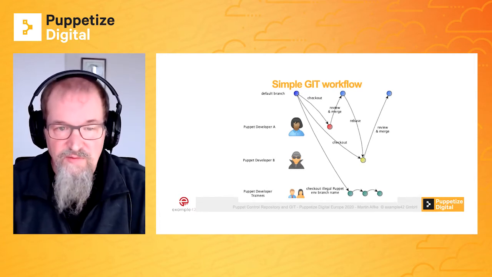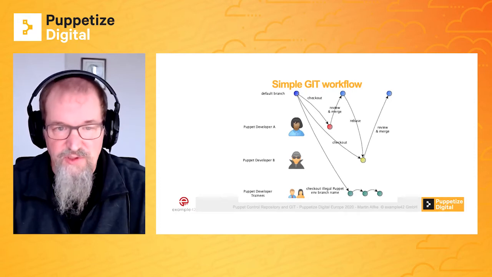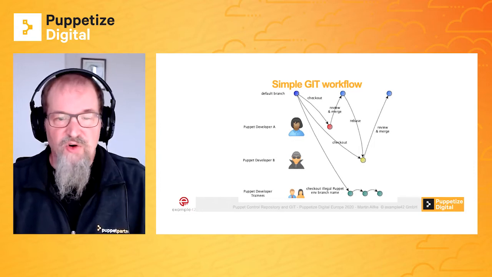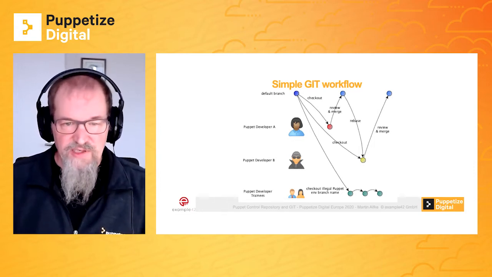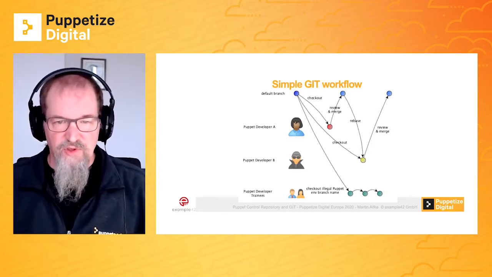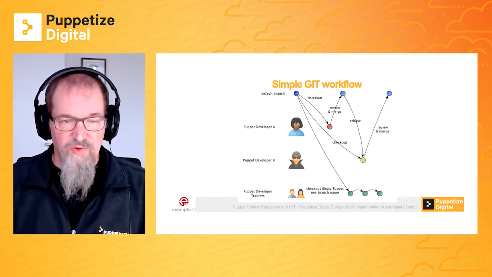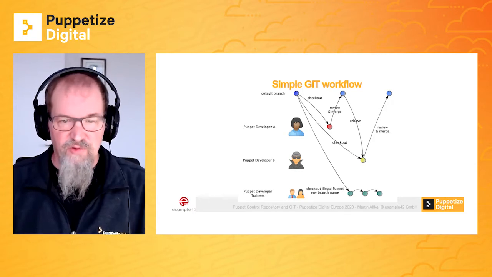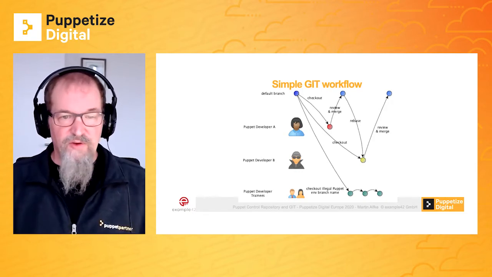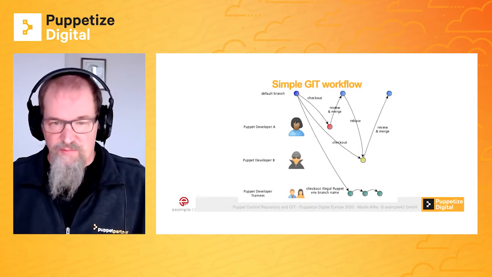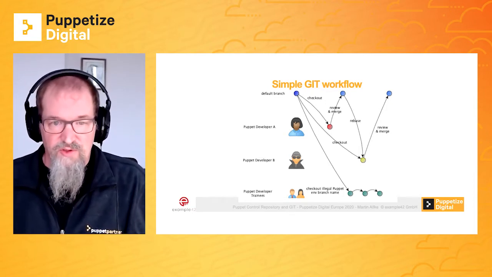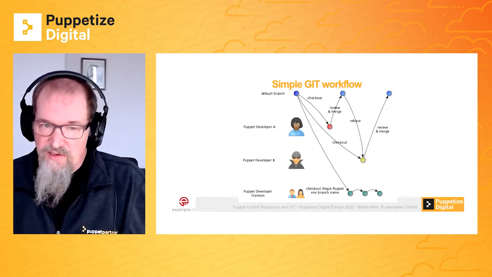When that review is done and the merge is accepted and merged back, developer B must update their own history by rebasing their branch against the production branch. Afterwards, developer B can do the same and add a merge request and a review request. So two people work in parallel within the same Git control repository, maybe on different things.